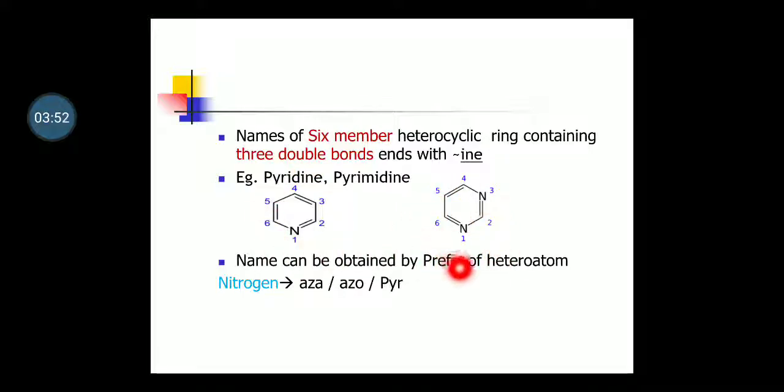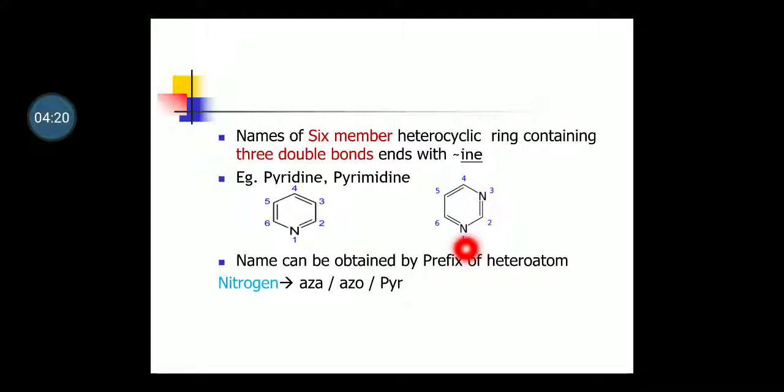Next example of these six-membered rings which end with INE is pyrimidine. It's a six-membered ring, two nitrogen, and the relative positions of nitrogens are 1 and 3. So this is called pyrimidine. And in this case we can start from either nitrogen, because both are equivalent nitrogens in this ring. So either we can start with this nitrogen or with this nitrogen.